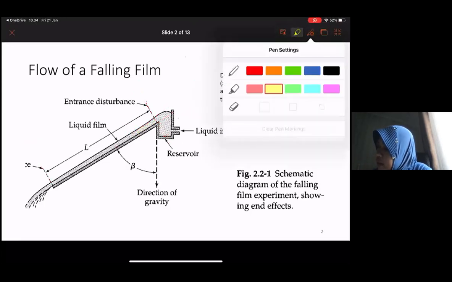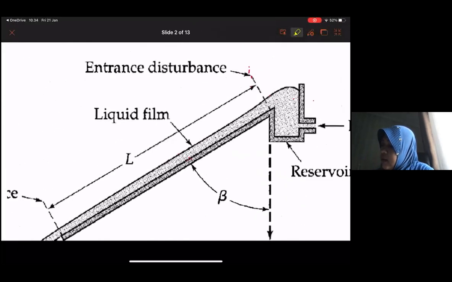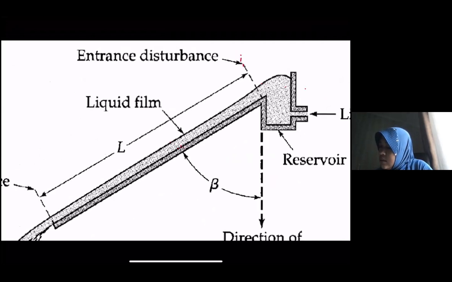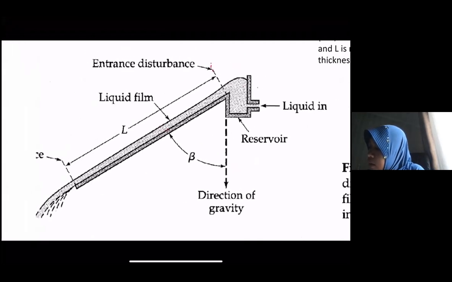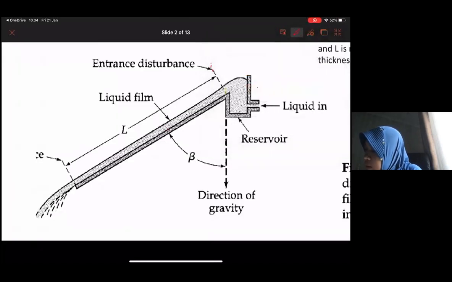Let's make the drawing bigger. I will start 0 from here, from the surface. This is the x, this is the z coordinate, and the y coordinate is the width of the liquid film.